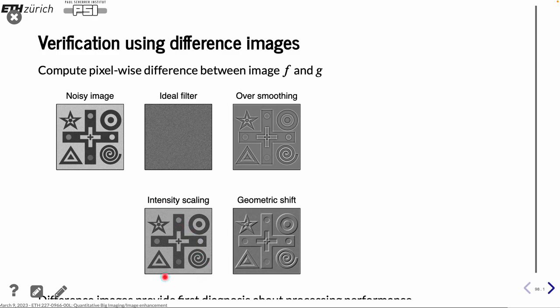If you apply some intensity scaling in the filter kernel, for example you have a box filter and forget to divide by the number of elements, then you have an intensity scaling leading you away. The final one is that you can also see geometric shifts. If you use an even-numbered filter kernel, then you would shift the whole image 1 pixel aside, and that would also be visible within the difference image. It would be characterized by having both bright and dark edges around the image.